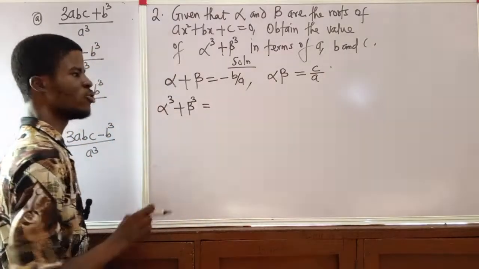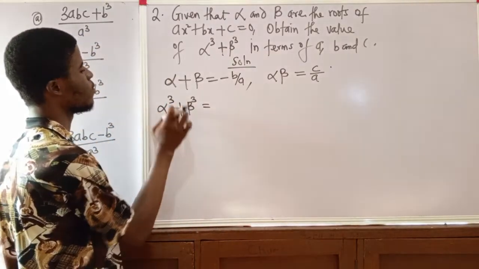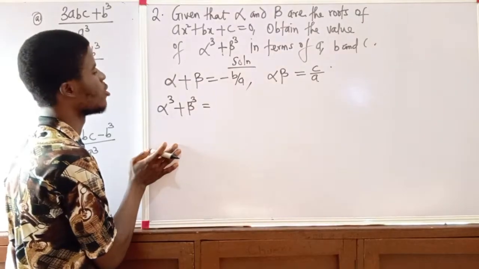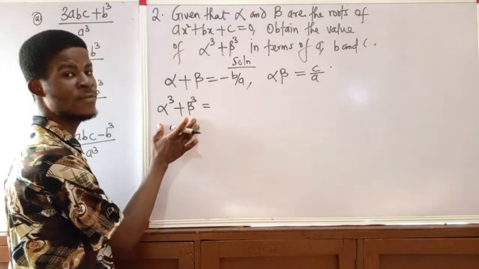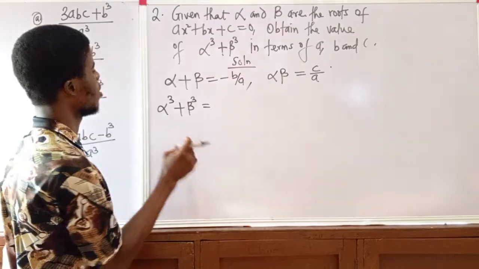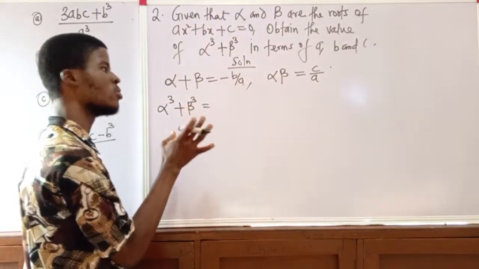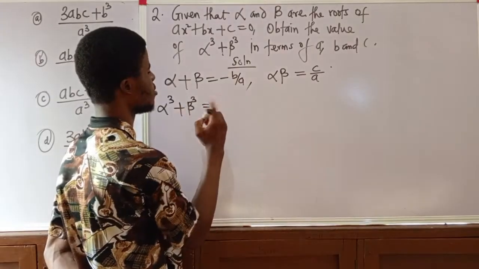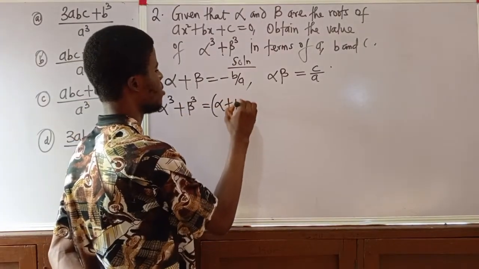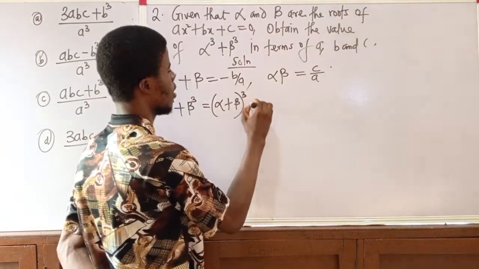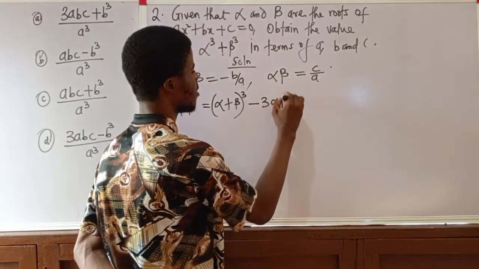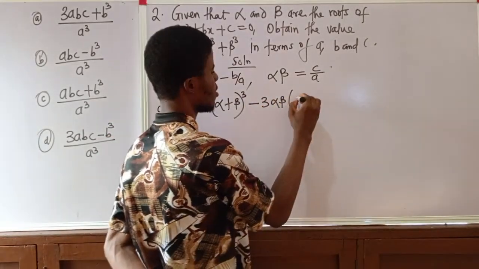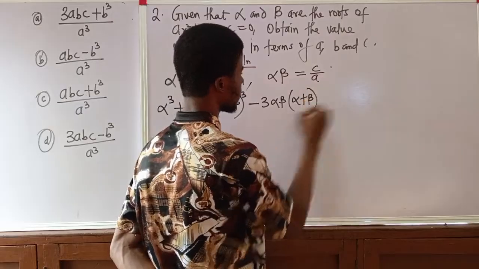So now, what is alpha cube plus beta cube? Alpha cube plus beta cube is the sum of two cubes. And so, there is an identity for the sum of two cubes. The sum of two cubes, say alpha cube plus beta cube, is this: alpha plus beta all cubed minus 3 alpha beta times alpha plus beta.